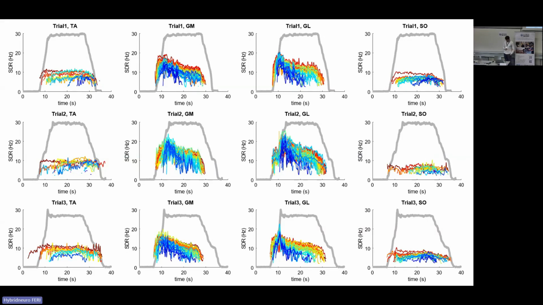Why this is happening is because the participants executing the plantar flexion were asked to stabilize it. And because of the stabilization, the antagonist muscles activate as well, and that's why we see tibialis. This is important because in the next analysis we will see how tibialis is connected to other muscles.